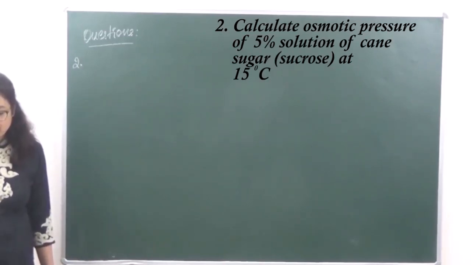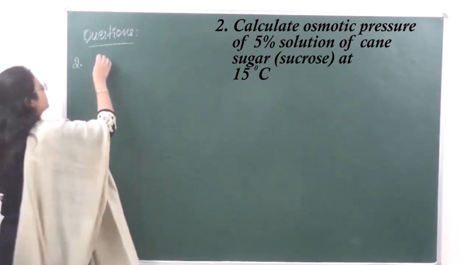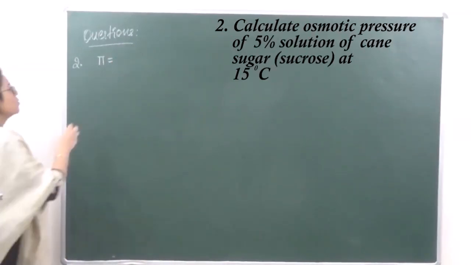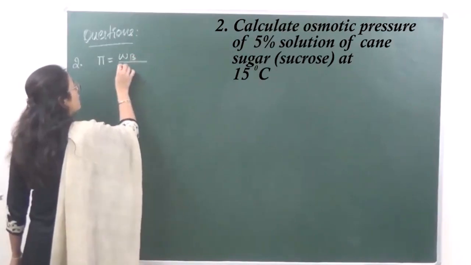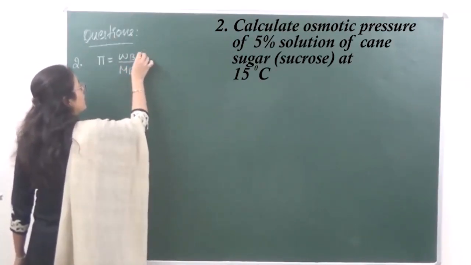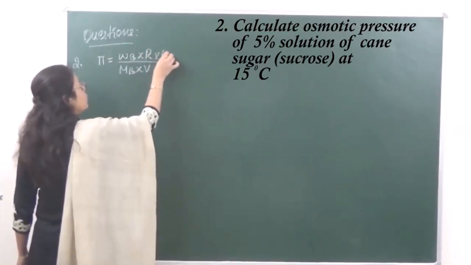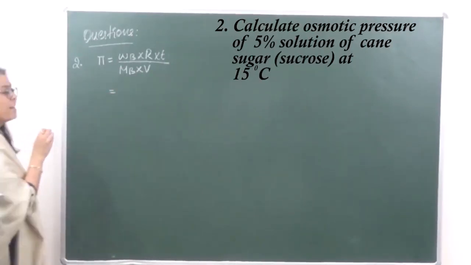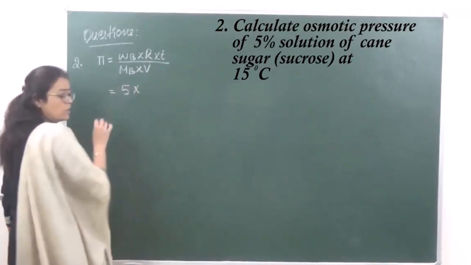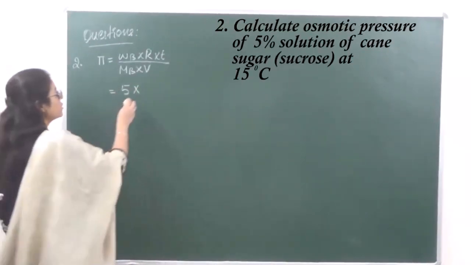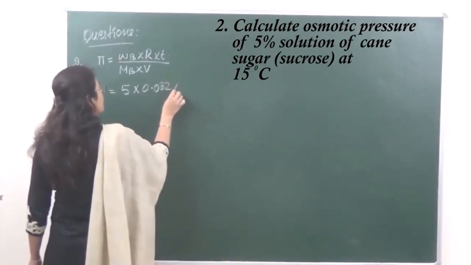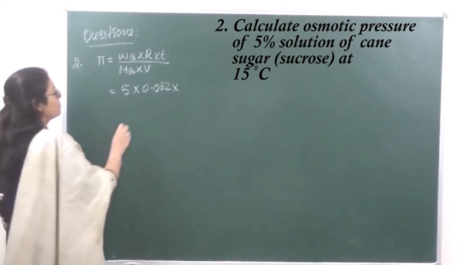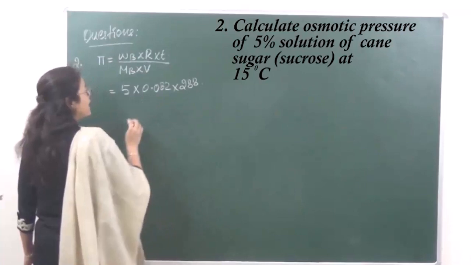The formula is going to be pi is equal to WB upon MB into V into R into T. WB given to us is 5, since it is a 5% solution, into the value of R, which we can take over here as again 0.082. Temperature given to us in the question is 15 degrees Celsius, so you convert it into Kelvin. It will come to 288.